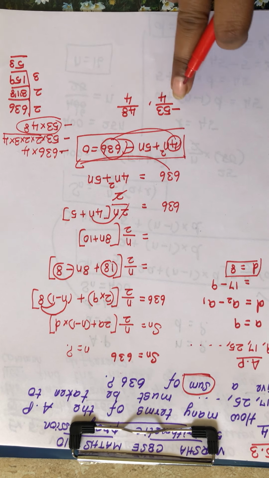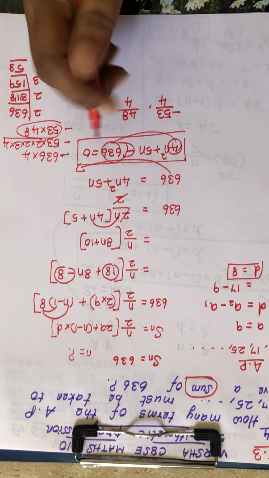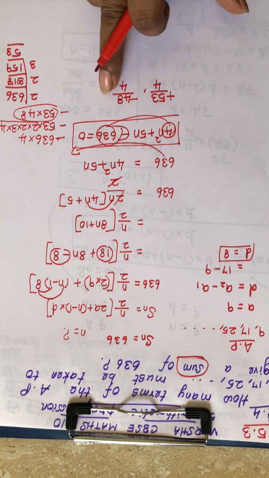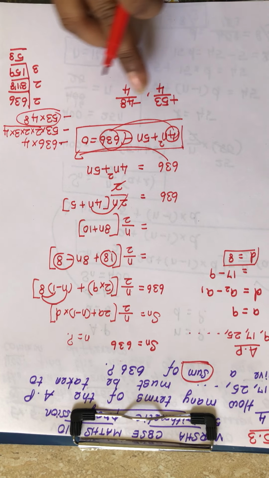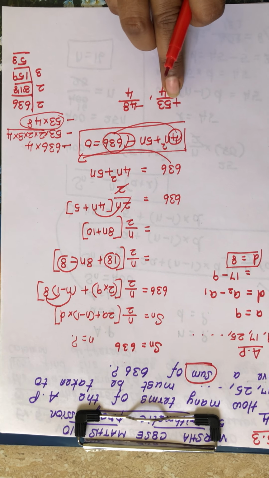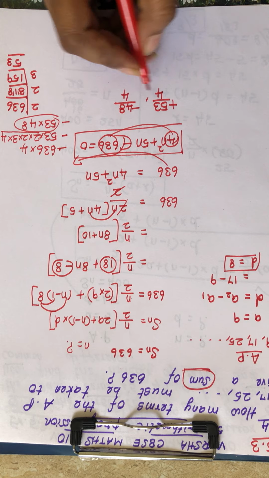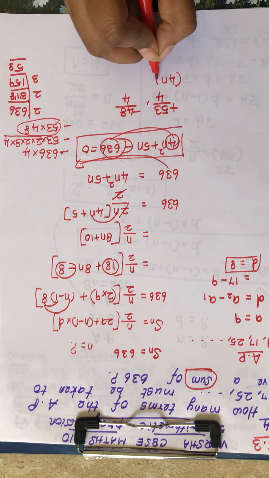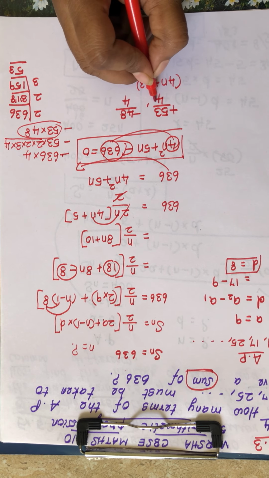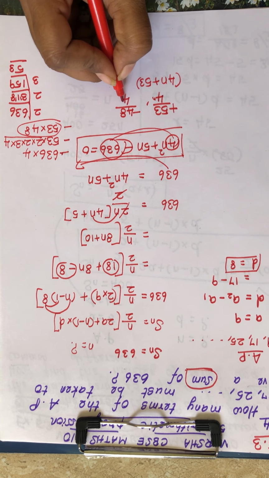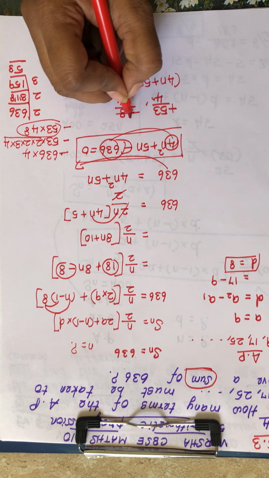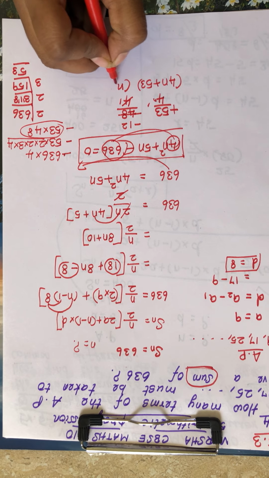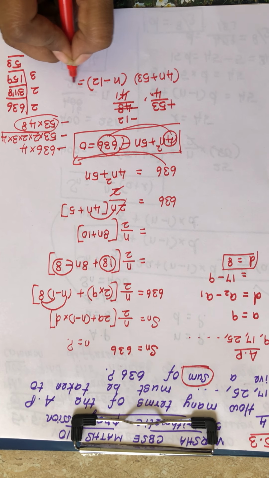So what's your sign? If you multiply you will get a minus number, and if you add you will get plus 5. Divided by 4, you cannot cancel here, so this is 4n plus 53 over 4, and here you can cancel, so this is n minus 12 equal to 0.